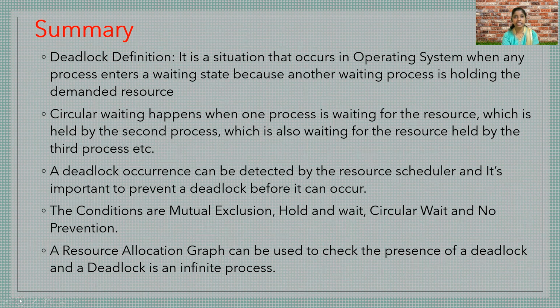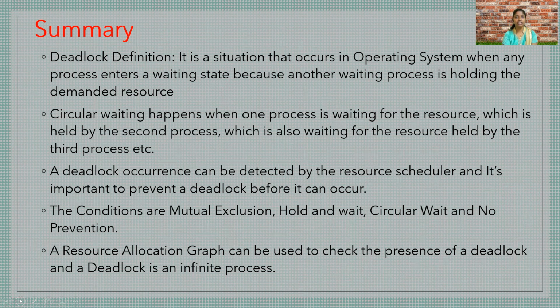And we've also seen that the resource allocation graph can be used for detecting deadlock in a system. If there are no cycles in a resource allocation graph, then we can rest assured that deadlock has not occurred in the system and the system is in a safe state.